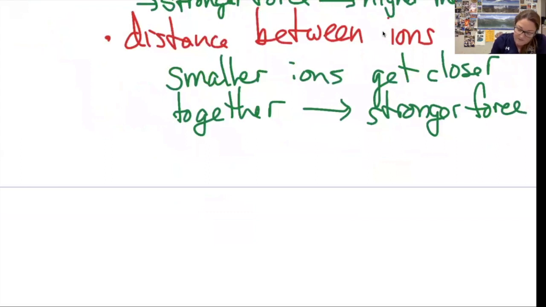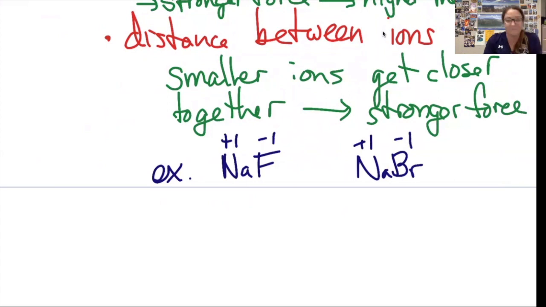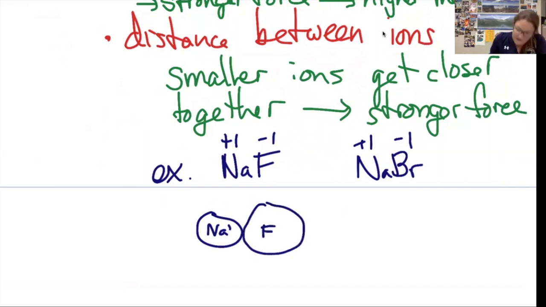So suppose I was going to ask you to compare NaF and NaBr. The first thing I would look at is charge. Always look at charge first. +1, -1, +1, -1. No difference there. Now, if this is sodium, this might be fluoride. Na+.